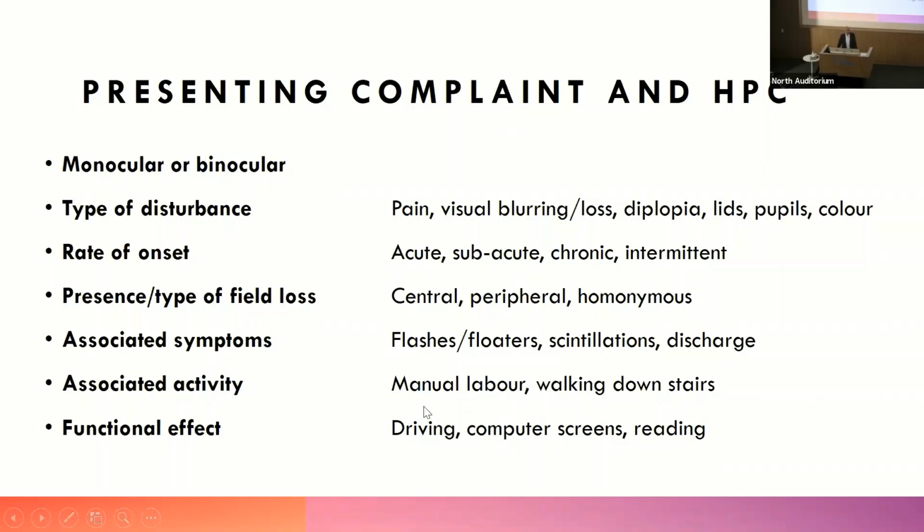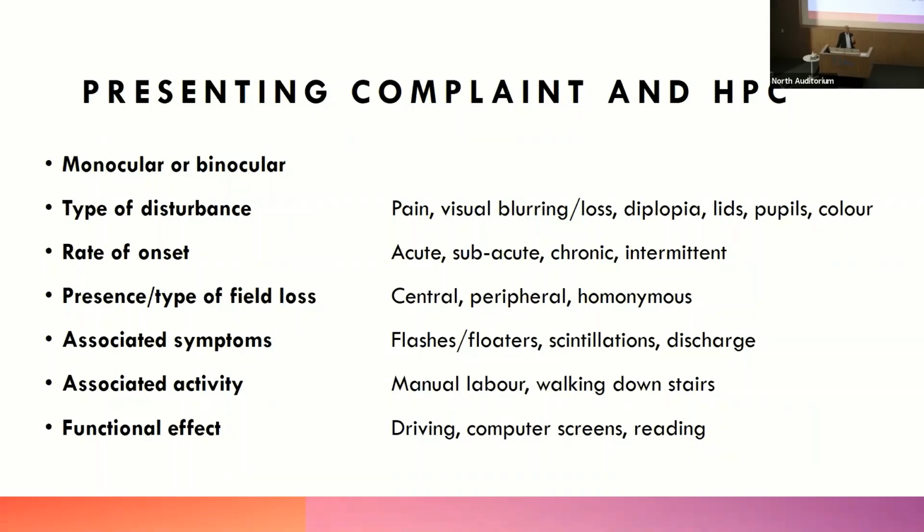Associated symptoms are important. So does anyone know what flashes and floaters are kind of a signal for? Have you ever heard of that? With flashes and floaters, you need to be thinking of a retinal detachment, the retina falling off the back of the eye.